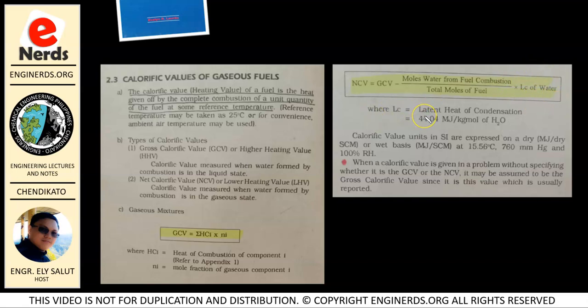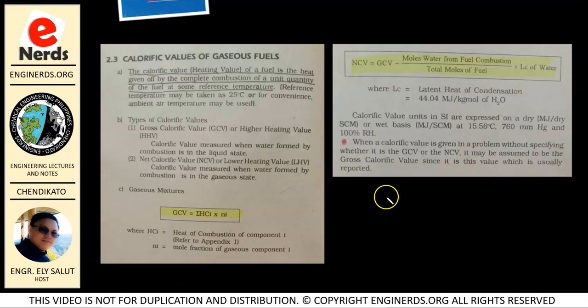The LC of water is the latent heat of condensation, which is equal to 44.04 megajoule per kilogram mole of water. So, calorific value units in SI are expressed in megajoule per dry SCM, or on wet basis, megajoule per SCM, at 15.56 degrees Celsius, 760 millimeter mercury, and 100% relative humidity.